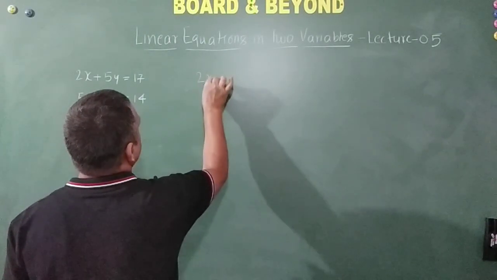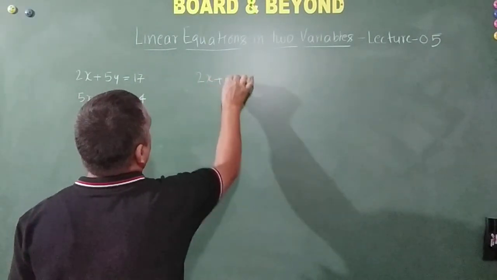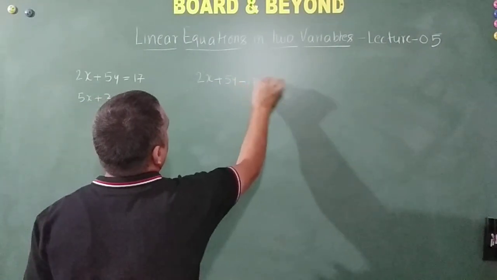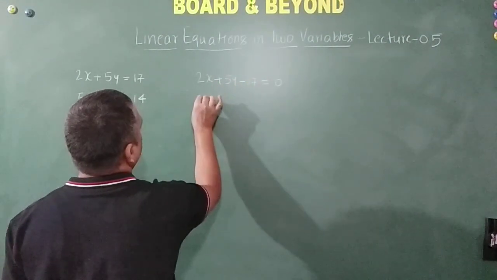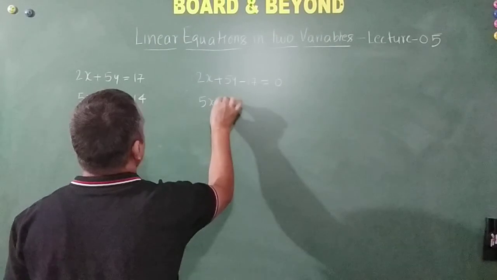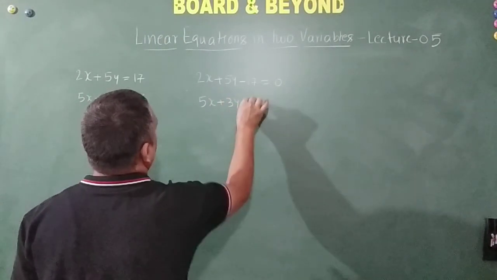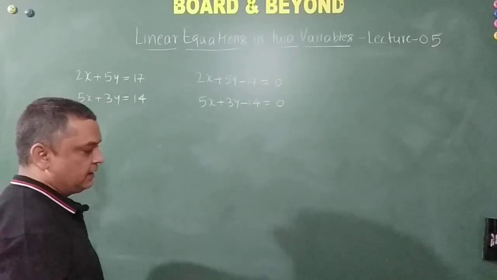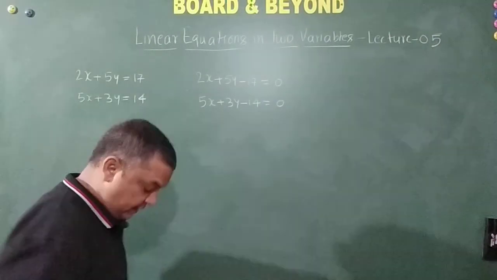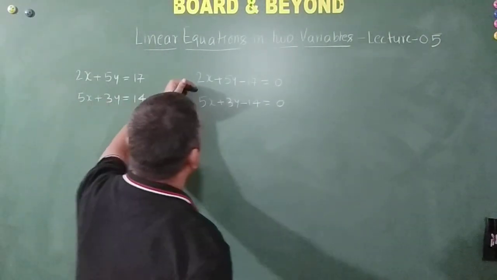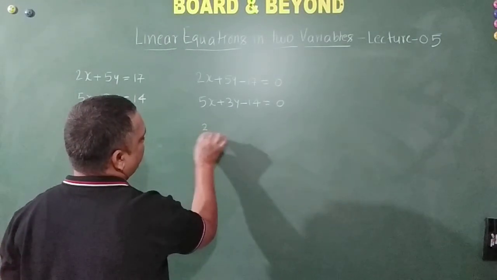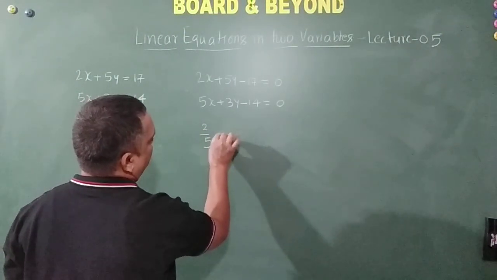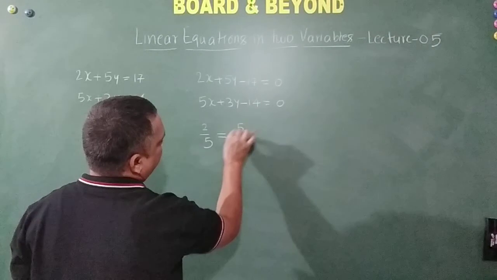2x plus 5y minus 17 is equal to 0, and 5x plus 3y minus 14 is equal to 0. We will see a1 by a2, that is 2 by 5, and b1 by b2, which is 5 by 3.